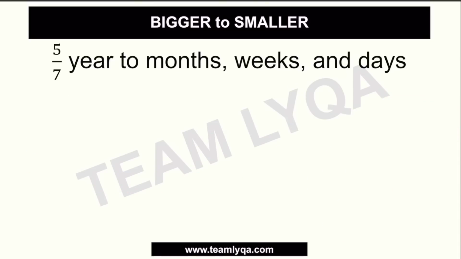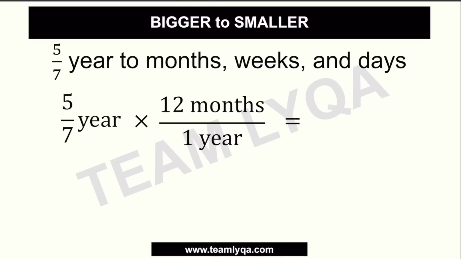What if you have this? So, 5/7 of a year, i-convert mo daw siya to months, weeks, and days. Okay? So, you have 5/7 ng year, tapos dahil sa isang year, meron kang 12 months, para again, makancel natin itong unit na to at matira yung months. Pwede natin gawin yan. This is a good start for this. So, again, 5/7 times 12.